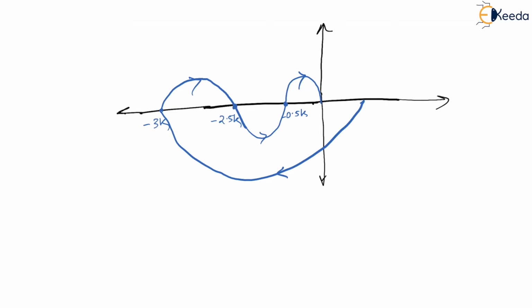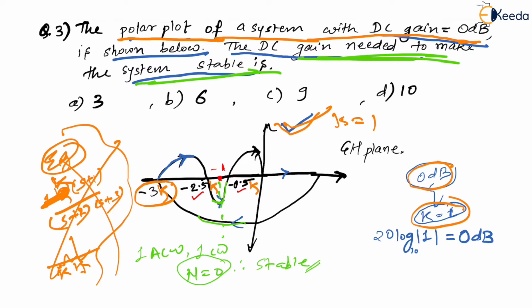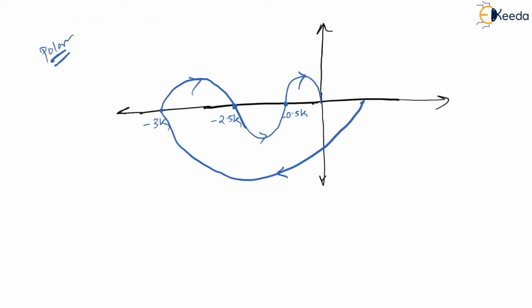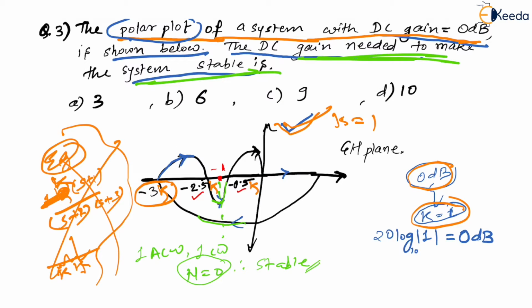If you observe, this is nothing but our polar plot. How do you know that? Because they have told it in the question. Now I am interested to find the range of k, or the value of k, for which the system will be stable. I have already seen that for k equal to 1 it is stable. So we have checked it.